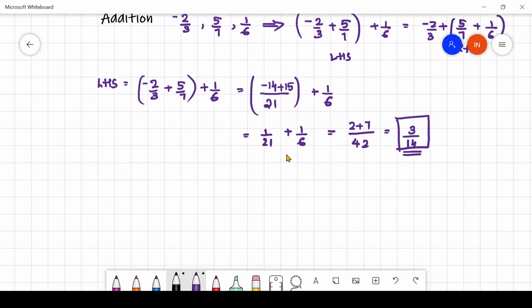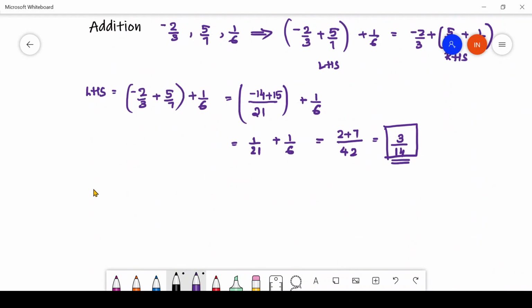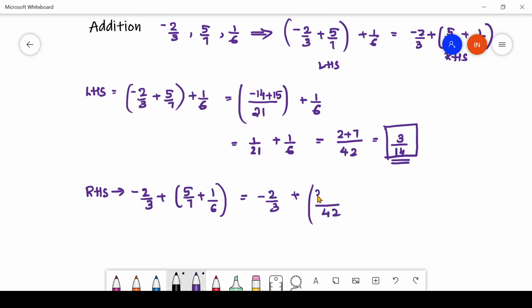The RHS will be negative 2 by 3 plus, 5 by 7 plus 1 by 6 inside the bracket. Let us do this. First we do whatever is inside the bracket. You will get the LCM as 42 and the numerator will be 30 plus 7.